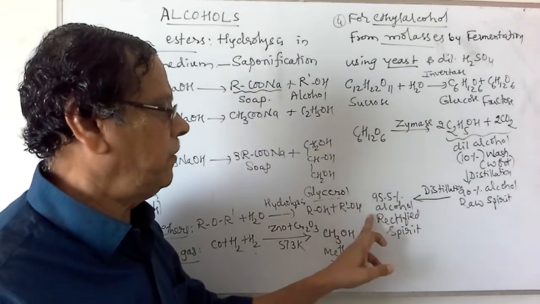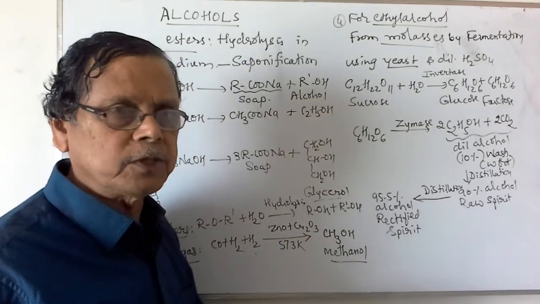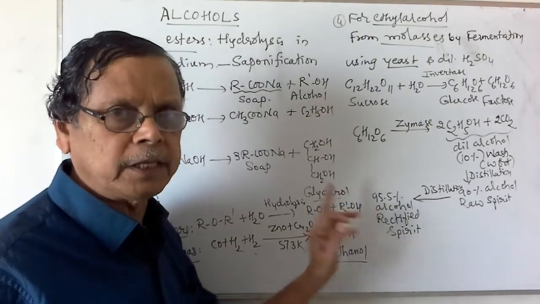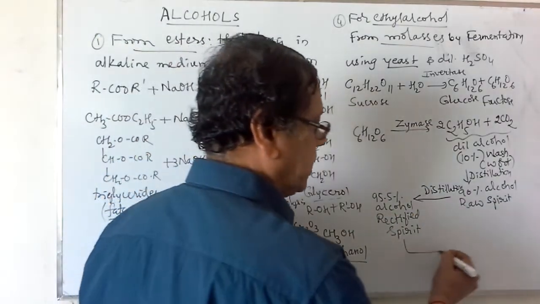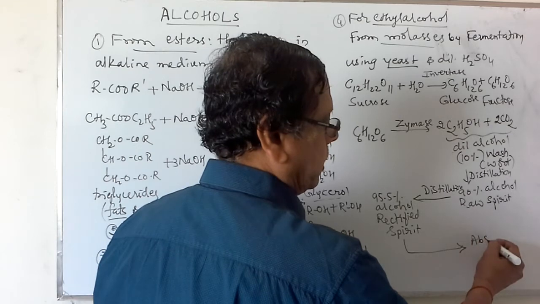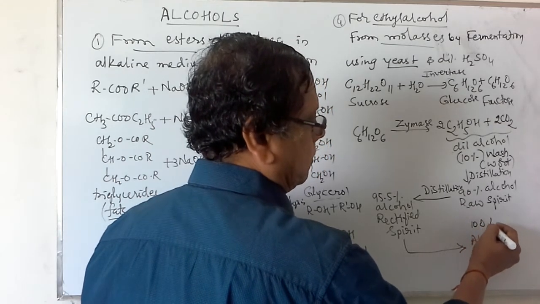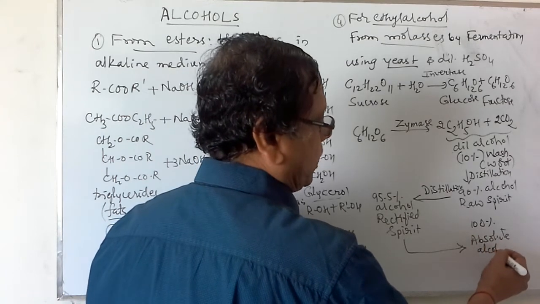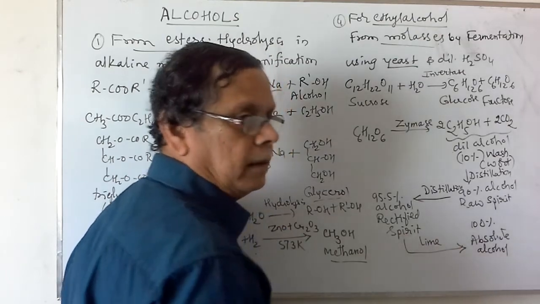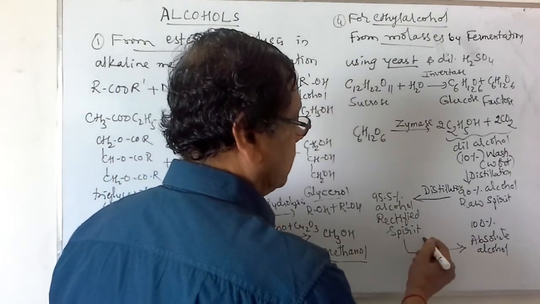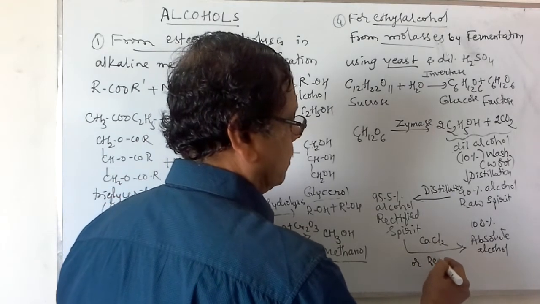This 95.5% alcohol cannot be further distilled, because even if you distill 1000 times, it will give only 95.5% alcohol. To get 100% pure alcohol, that is called absolute alcohol, it is either mixed with calcium chloride, or distilled with benzene.